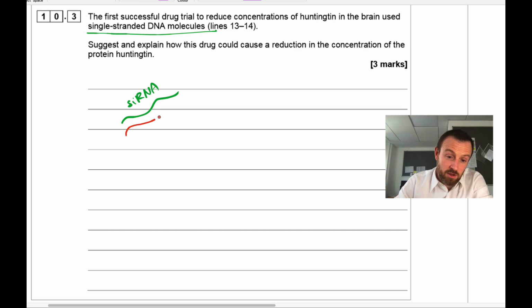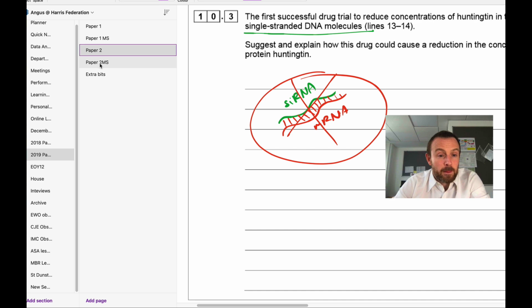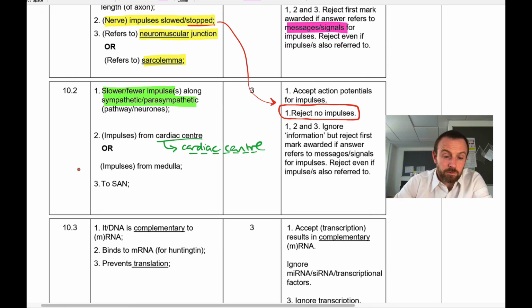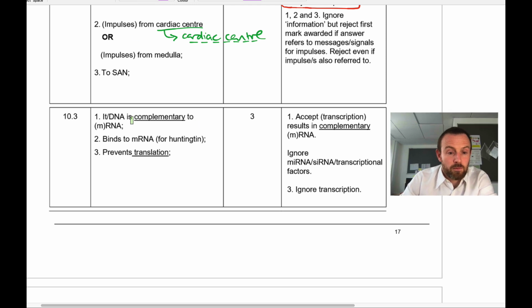It binds to, is complementary to the messenger RNA, forming some double-stranded RNA, because it binds via complementary base pairing, and that double-stranded RNA is then recognized as foreign and broken down, and translation of the protein does not happen. So, the fact that the DNA is complementary, the fact that it binds to the messenger RNA, and it prevents translation.